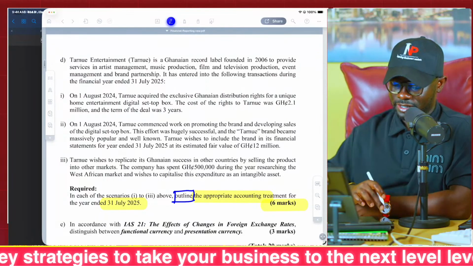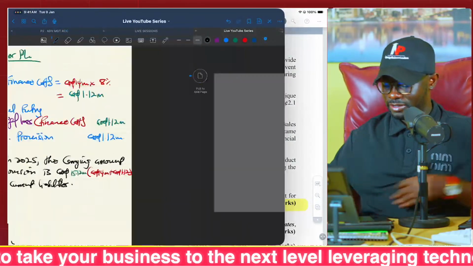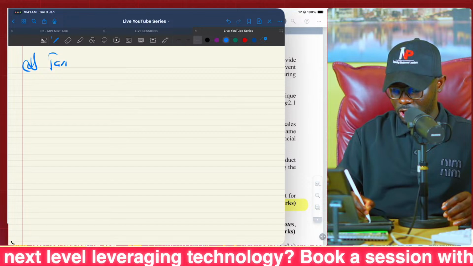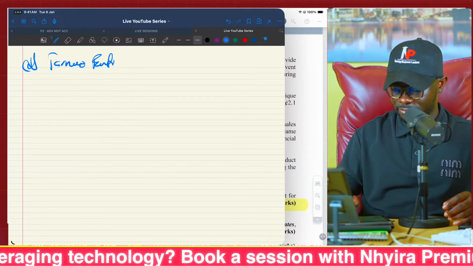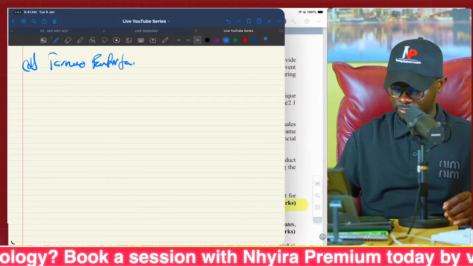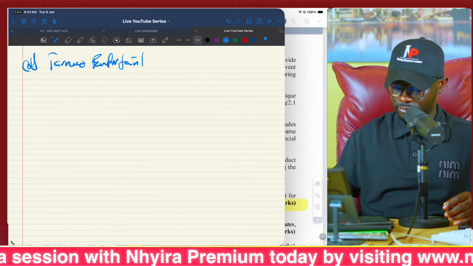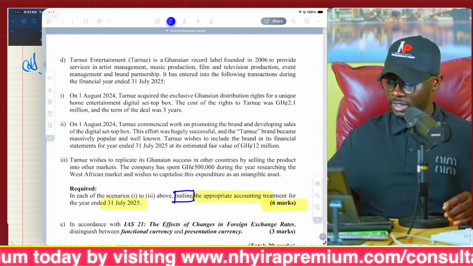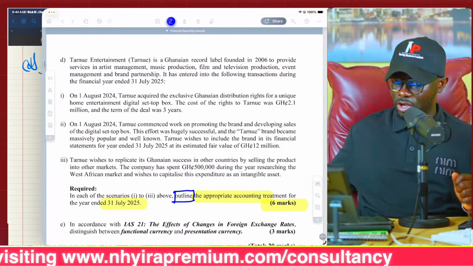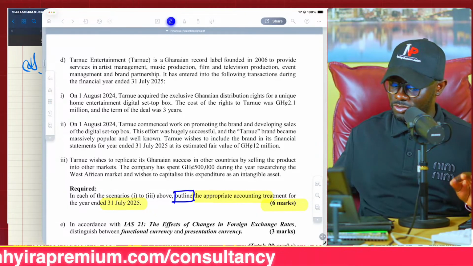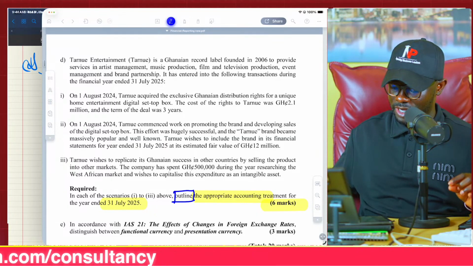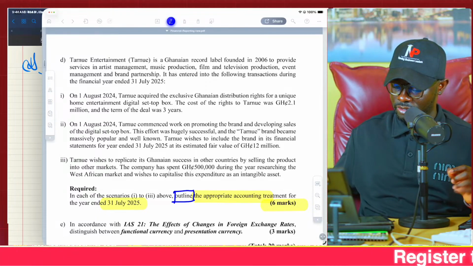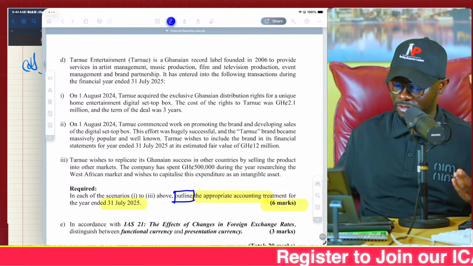Tenu Limited. Tenu Entertainment. Let's see. It's a Ghanaian record label founded in 2006 to provide services in artist management, music production, film and television production, event management, and brand partnership.